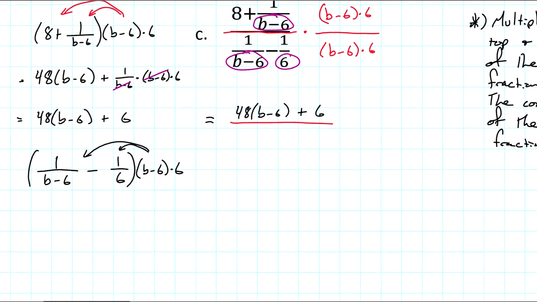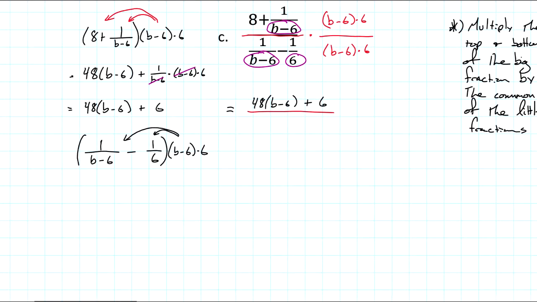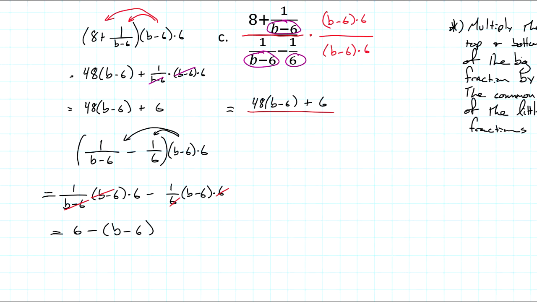So when we do that, I'm going to have 1 over b minus 6 times b minus 6 times 6 minus 1/6 times b minus 6 times 6. In the first one, the b minus 6's will cancel. In the second one, the 6's will cancel. And what we'll be left with is a 6 minus, in parentheses still, b minus 6.